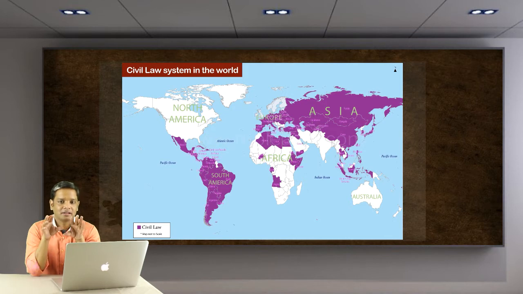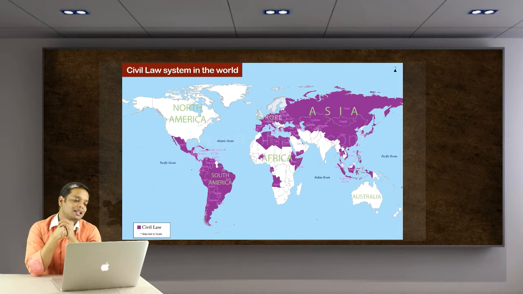So here the law is codified. Even judges follow those codified laws. In the common legal system we don't have any such codified concept, though in India you can find many laws that are codified, so we have a largely mixed kind of system. But in the civil legal system the laws are essentially codified.